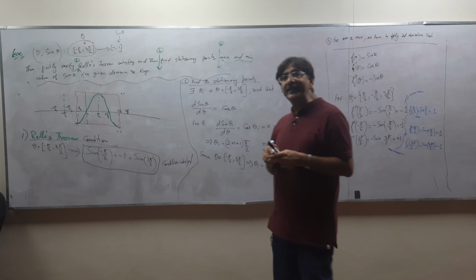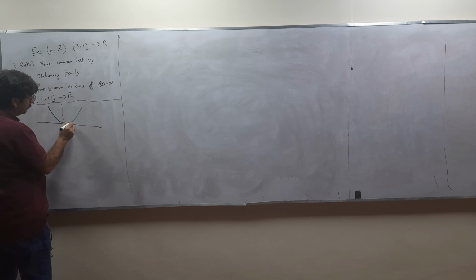Firstly, about the Rolle theorem. What is the graph? Firstly, we see what the graph will be. Yes. Minus 1, plus 1, minus 2.